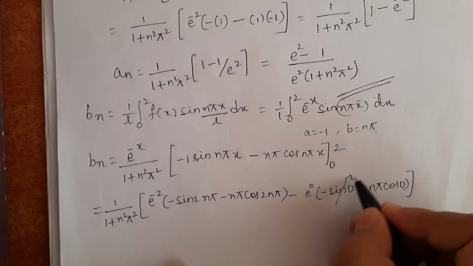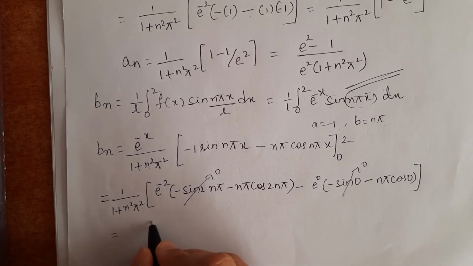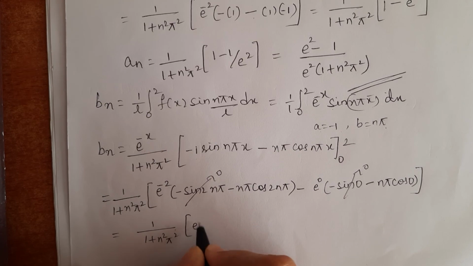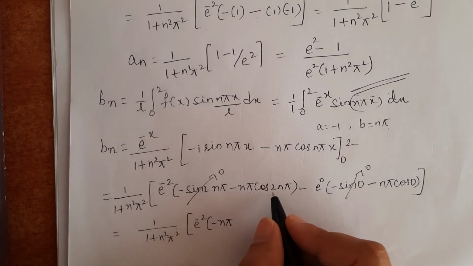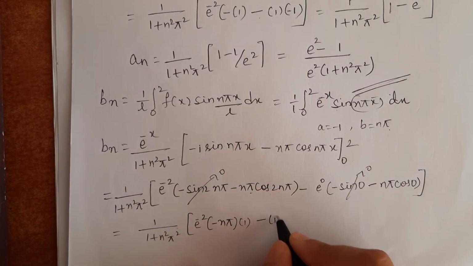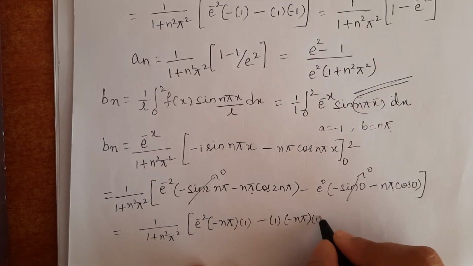We know that sin 0 is 0 and sin 2n pi is 0, which is equal to 1 by 1 plus n square pi square into e power minus 2 into minus n pi. We know that cos 2n pi is 1, minus e power 0 is also 1 into minus n pi into cos 0 is 1.